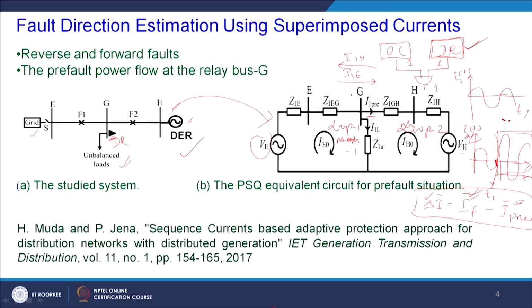If we take the difference, assuming the convention left to right as plus and right to left as minus, I get I1 pre equal to I1E minus I1H. That is the first expression for I1 pre.